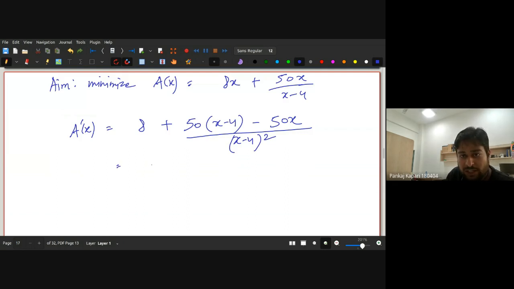Okay, so let's simplify this. We'll have 8 plus, if I open this bracket, then 50x will cancel with this 50x, right? These 50x will cancel with each other, and I am left with a negative sign, 200 divided by x minus 4 whole square, right?